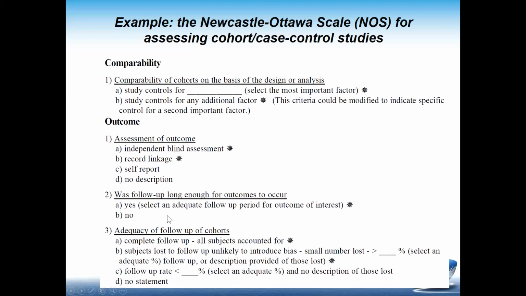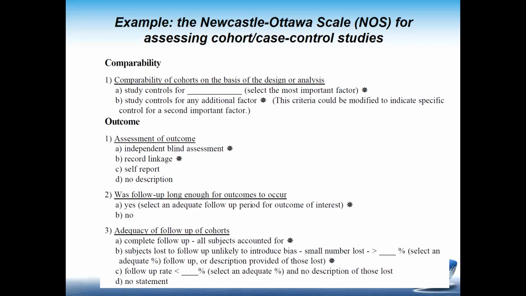And also the adequacy of follow-up of cohorts. For example, it's basically about the rate of lost follow-up. And the threshold for this rate is always subjective. In my study, sometimes I will set the threshold at 20%.